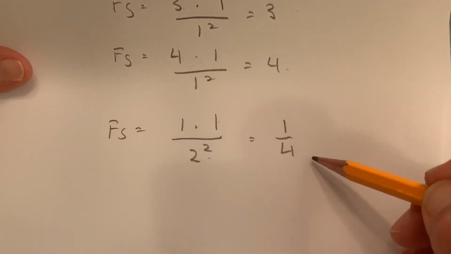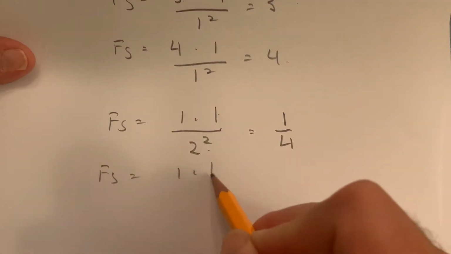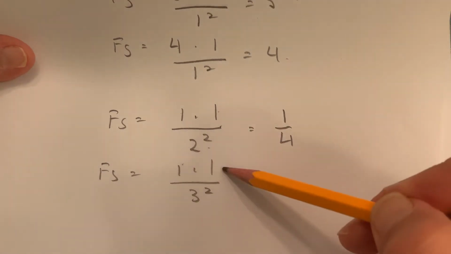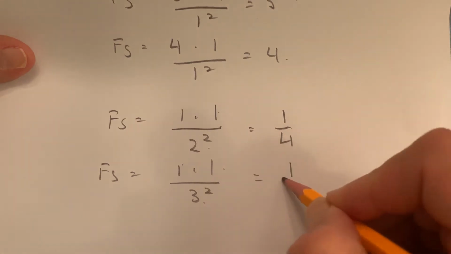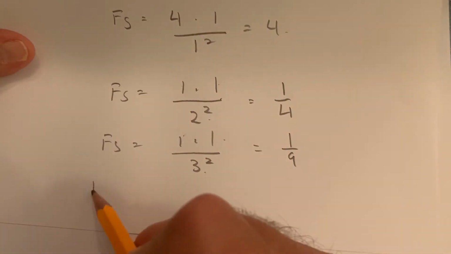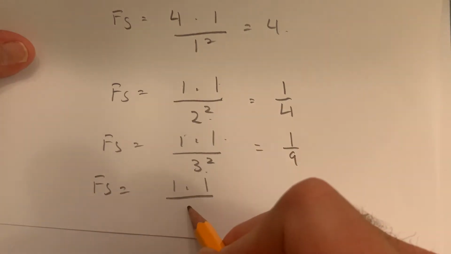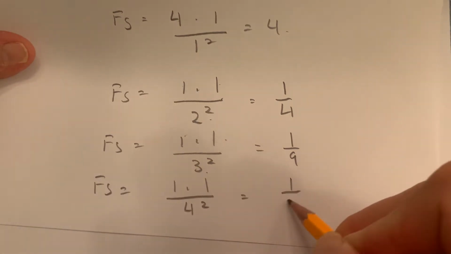So that decreased it 4 times. If we triple the distance between them, that becomes 3 squared. So 1 times 1 is 1, divided by 3 squared is going to be 1/9. And if we quadruple the distance between them, it's 1 times 1 divided by 4 squared, which is now going to be 1/16.